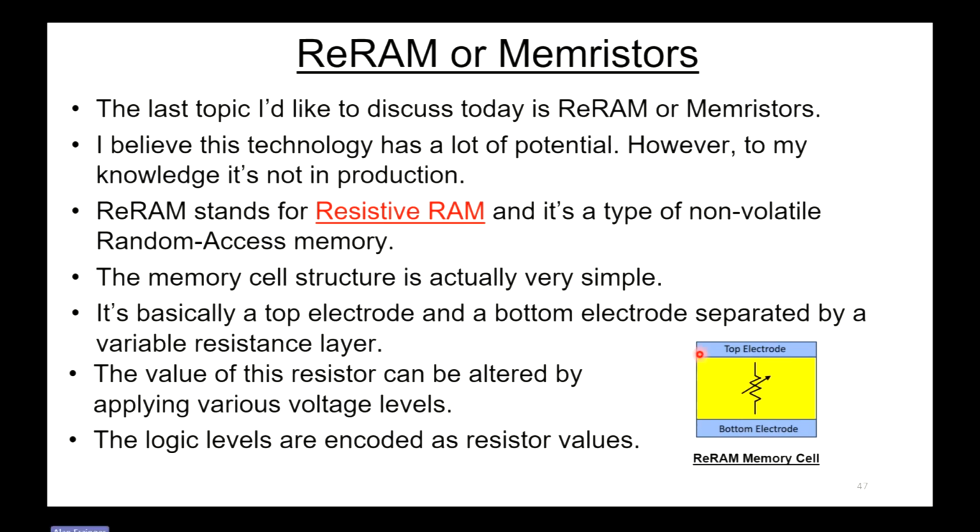It's basically a top electrode and a bottom electrode separated by a variable resistance layer. The value of this resistor can be altered by applying various voltage levels. The logic levels are encoded as the resistor value.